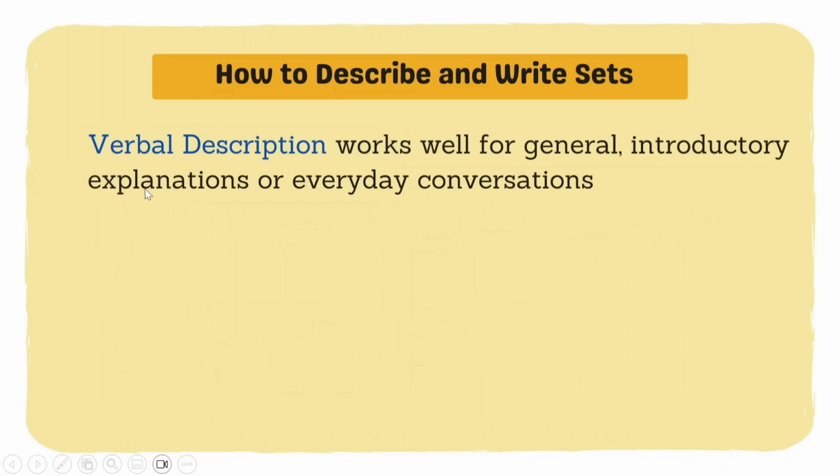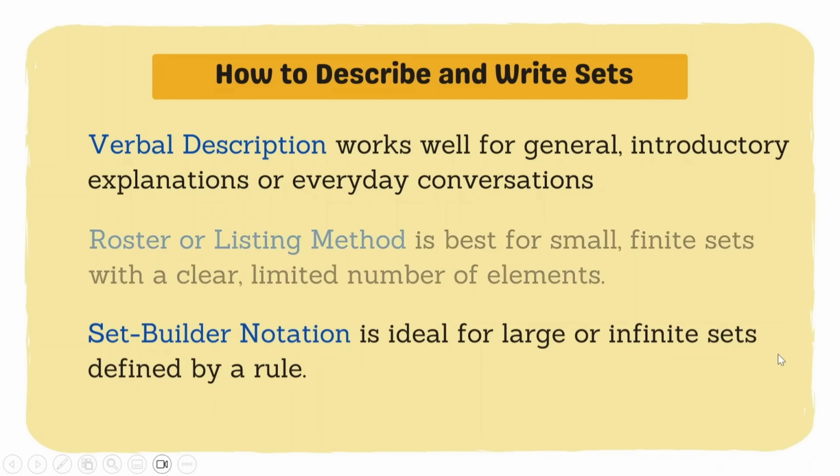Now, to give you a summary, ito po yung summary kung ano po yung gamit ng bawat isa. We have here the verbal description. This works well for general introductory explanation or everyday conversation. Okay? Kapag simpleng conversation lang, we can even use verbal description. Okay? Not very formal. You just describe it using words. Now, for roster or listing method, ito best for small or finite sets.